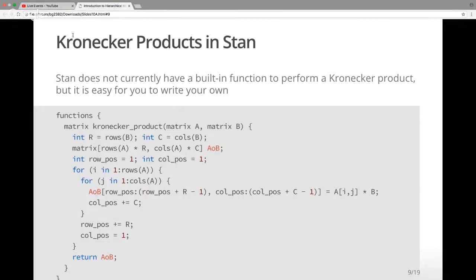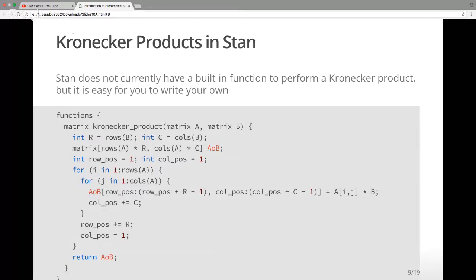Stan actually doesn't have a built-in function to do a Kronecker product. R does, but it's easy enough for you to write your own function, and it looks a little something like this. You make a matrix, here I call it AOB, which you're going to return at the end, and you initialize it to have the number of rows as the product of the rows of A and B, and the number of columns as the product of the columns of A and B. You need to keep track of the row position and the column position where you're inserting stuff into the matrix that you're going to return.